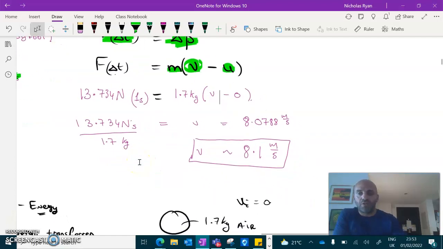So you sub in your numbers, and that gives me 13.7 newtons times 1 second for the duration of the collision, if you like, or explosion, equal to the mass of the air times v. The initial velocity was 0 anyway, so that bit falls out, and that gives you the final velocity equal to 8.0788 meters per second, or approximately 8.1 meters per second, to two significant figures.